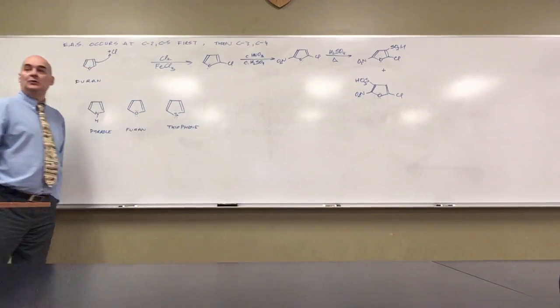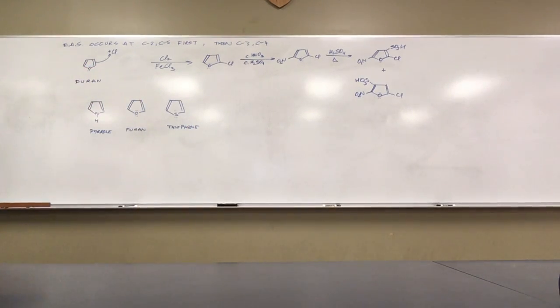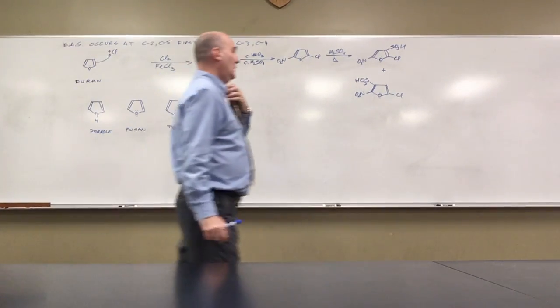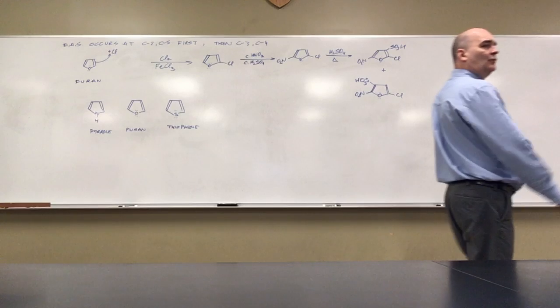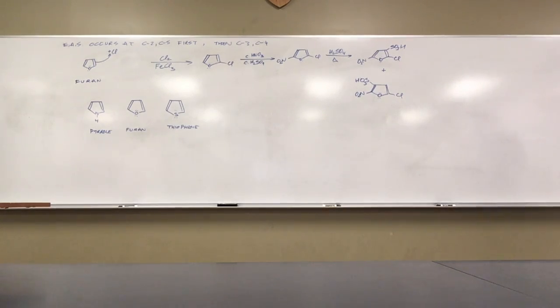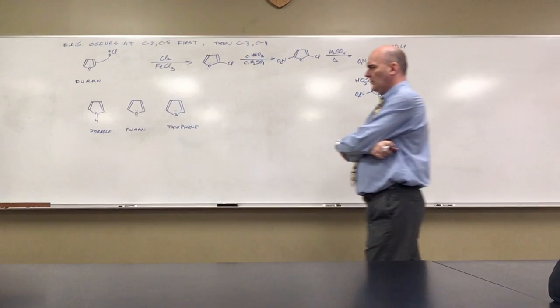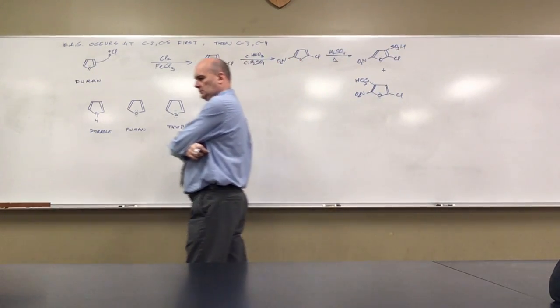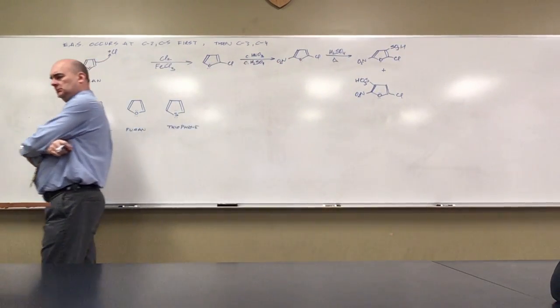And they all do electrophilic aromatic substitution at all 4 carbons in that ring. Pyrrole is better than furan, and furan is better than thiophene. Can we figure out why?